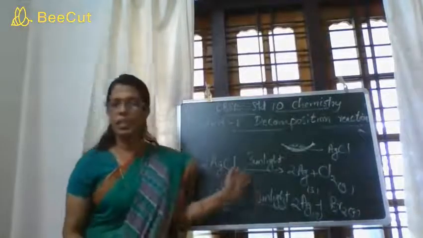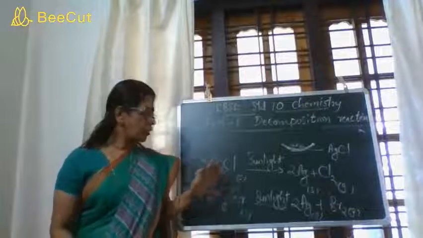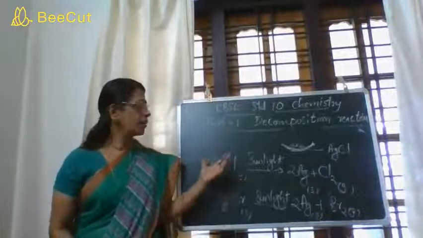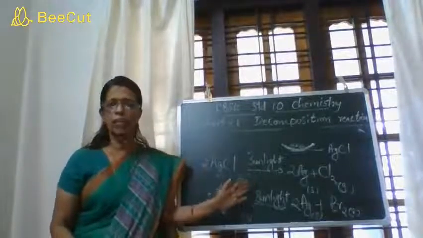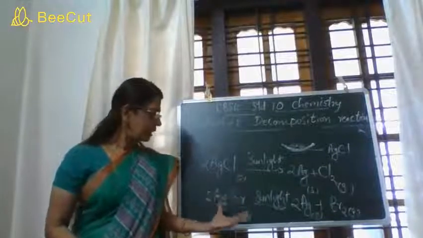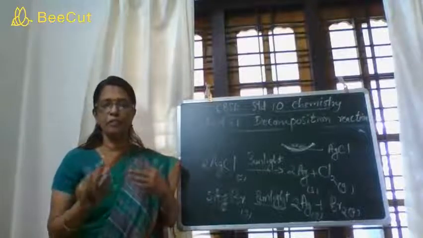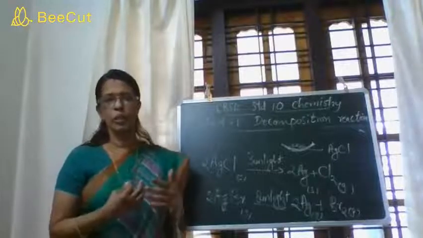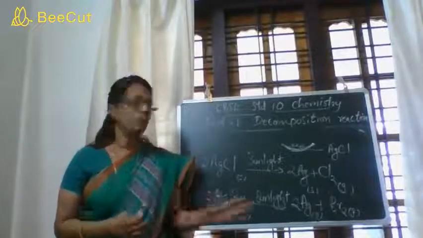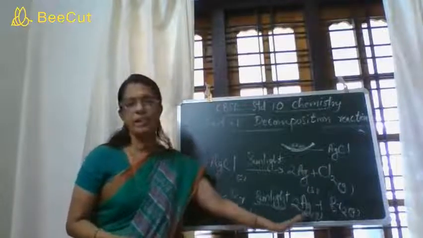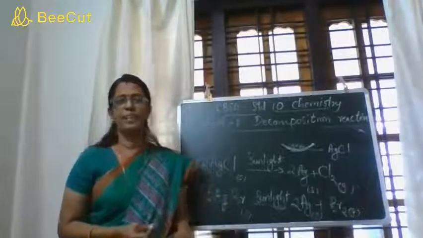These two are similar types of reactions. These two are examples of decomposition reaction with the help of sunlight. And this reaction is used in black and white photographic films. In photographic films, this type of chemical reaction takes place.